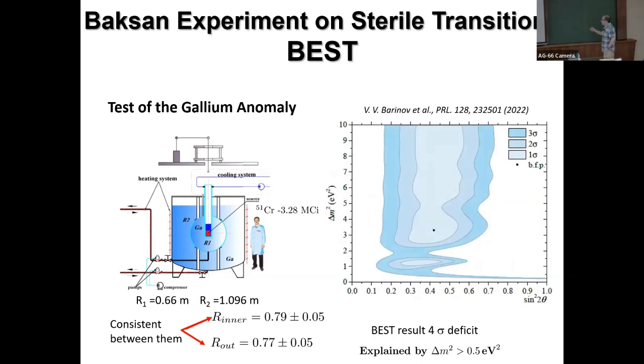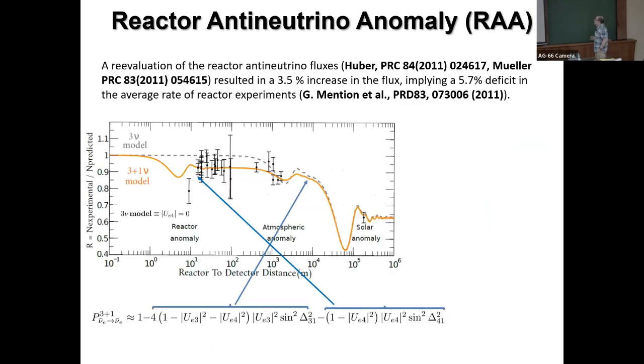Then there is another anomaly which is different. First of all we have seen the LSND anomaly, then the gallium anomaly, and there is another anomaly. Please take into account that they are different anomalies.